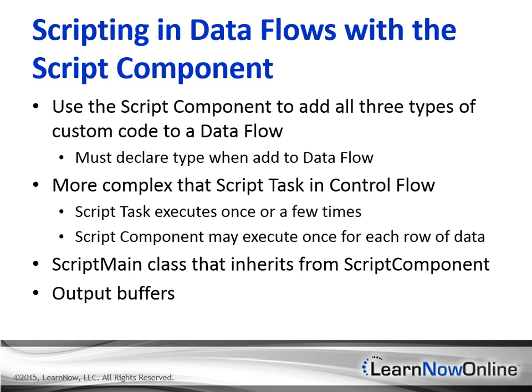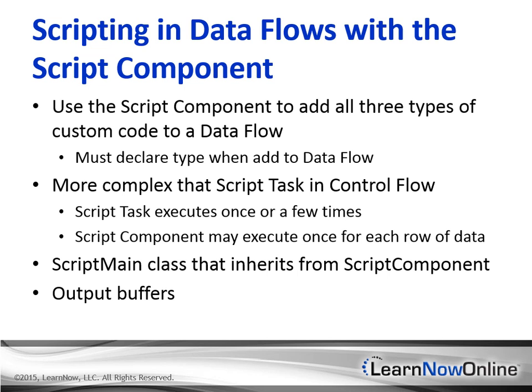In addition to the script main class, the script component's VSTA project also includes an output buffer wrapper class. The name of this class is based on the name of the output that you define on the Inputs and Outputs page in the Script Component Editor dialog box. For example, if you use the default output name, Output0, the class's name will be Output0Buffer.